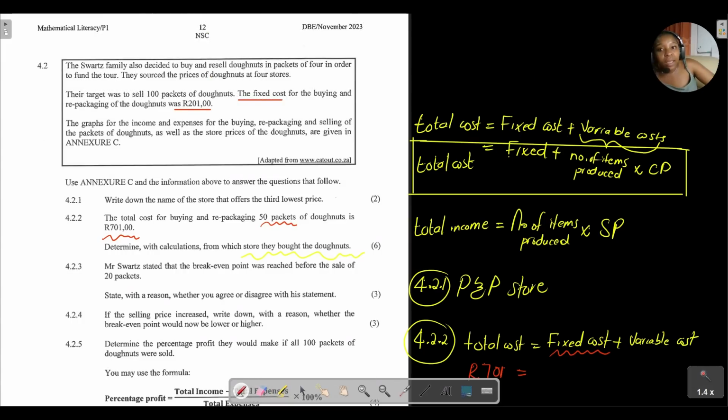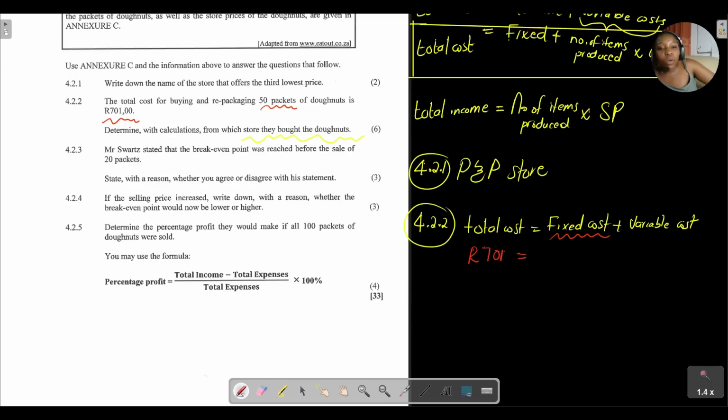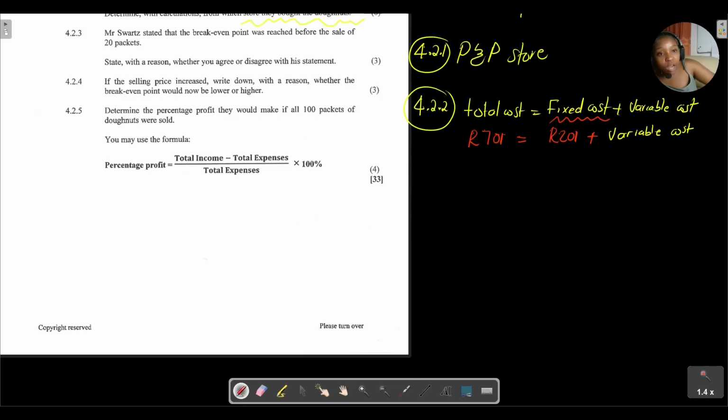Remember, we were told that fixed costs for buying and repackaging is 201, plus all that we need to determine here is the variable cost. And remember, how do we determine the variable cost? I'm just going to write it there. Variable cost is equal to number of items produced multiplied by the cost price.